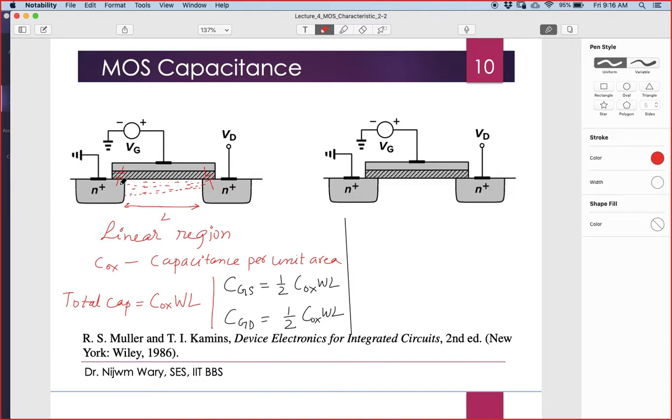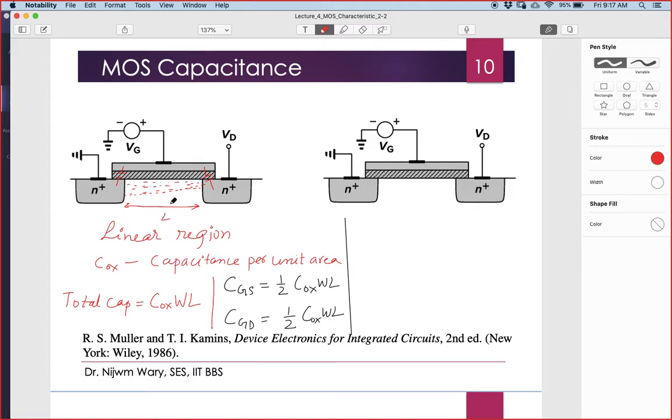So the total capacitance between the gate and the source will be the sum of this overlap capacitance and this capacitance, which is formed due to the channel. And similarly, the total capacitance between the gate and the drain will be the summation of this overlap capacitance plus this capacitance. I'll give a summary of this in the next slide.